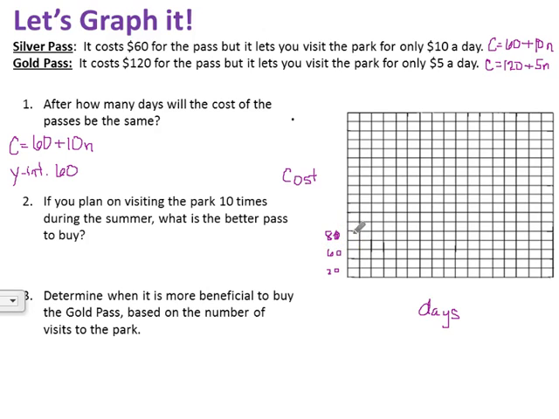Whoops, that should be 80. 2, 4, 6, 8, 100, 120, 140, 160, 180, 200, 220, 240, 260, 280, and the last, let me see, 2, 4, 6, 8. Whoops, I messed up there. Hold on a sec. Let me fix this scale.